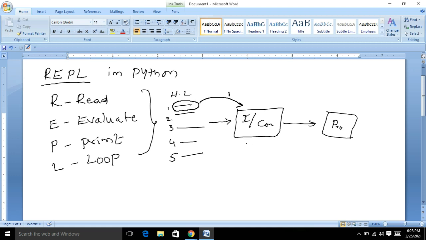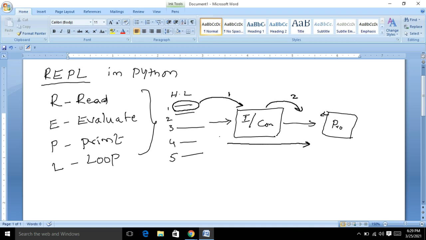That means, as per the syntax rules of a particular language, the interpreter or compiler checks it, and then it is transferred to machine language, that is binary code. This is the evaluation, and then it is executed on the processor. So the first instruction's execution has completed.